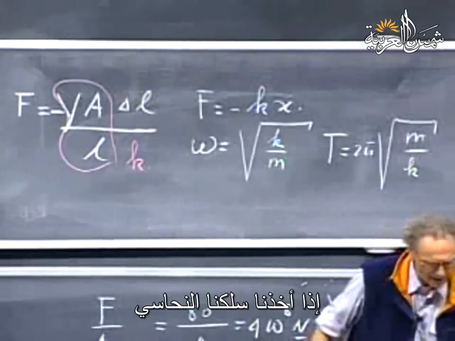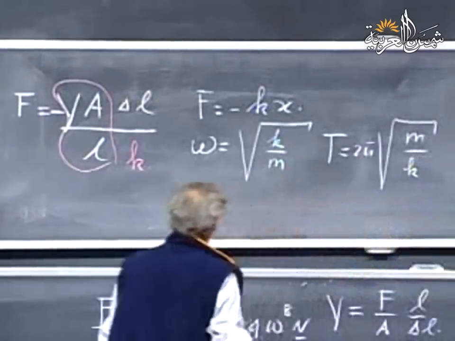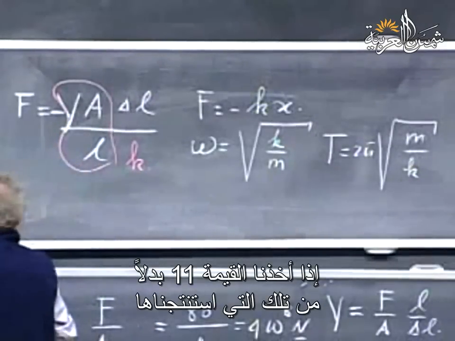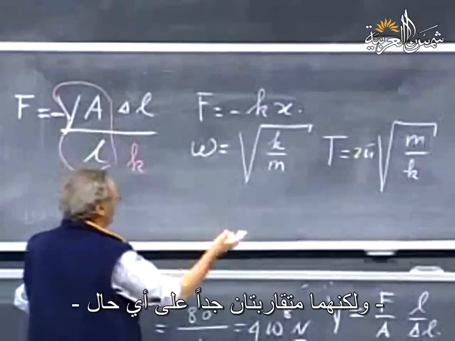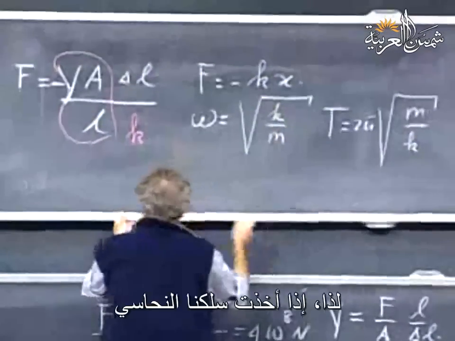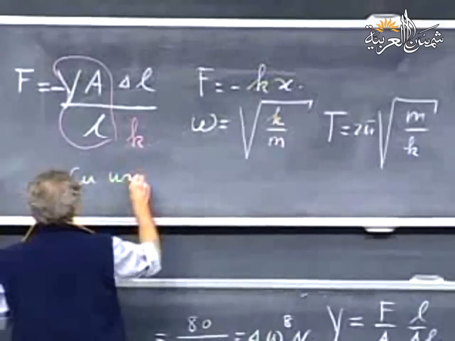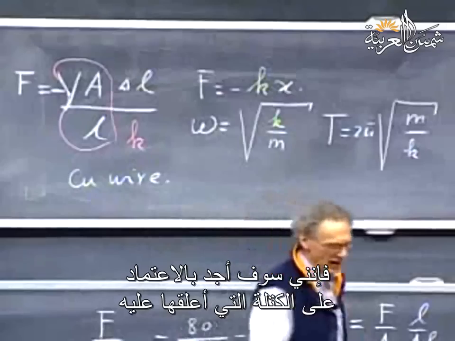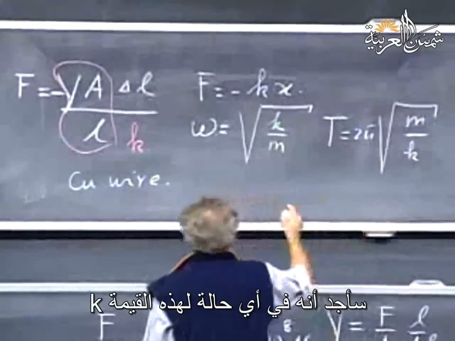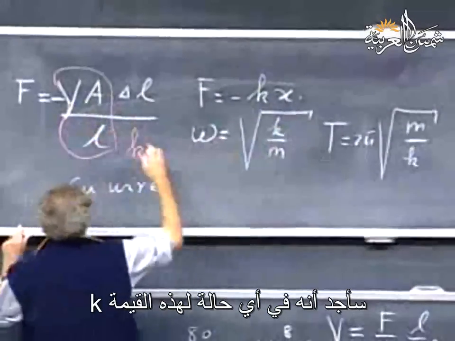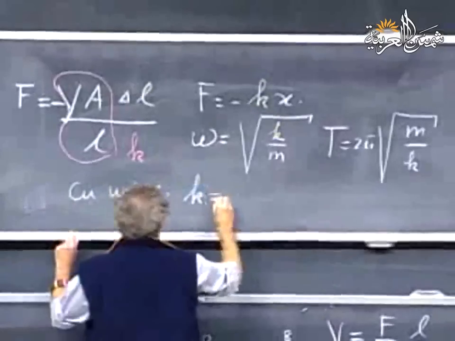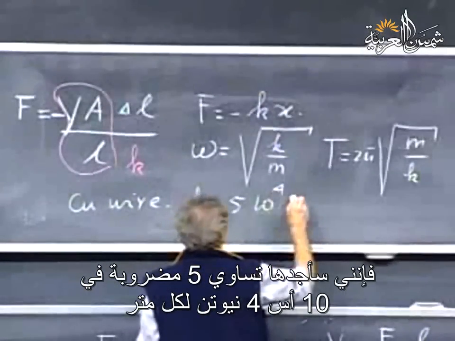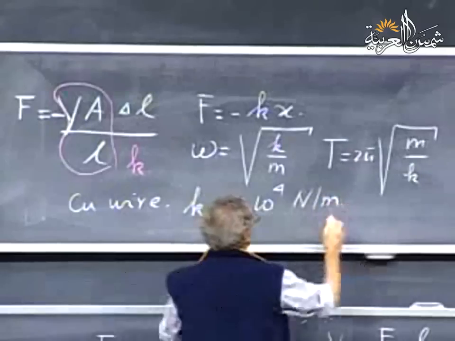If we take our copper wire, we know what Y is. If I take the value 11 instead of the one that we found, but it's very close anyhow, then I will find, depending upon the mass that I hang on it, but in any case for this value K, I find 5 times 10 to the 4th newtons per meter.